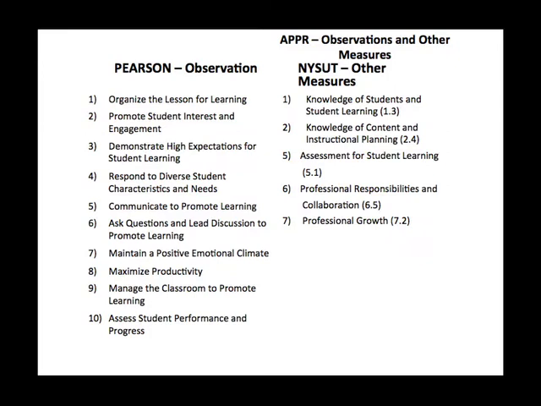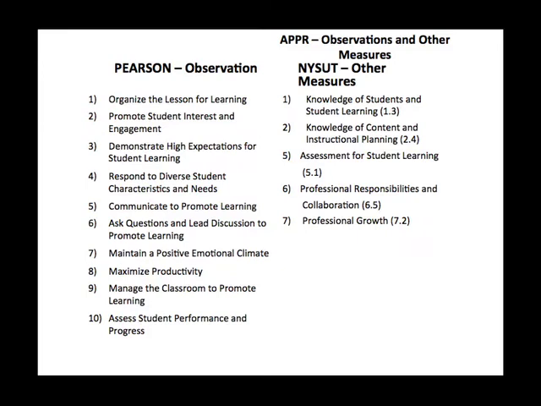Each of these standards contain a variety of elements. While teachers may elect to submit evidence or artifact against any of the elements, they are only required to submit evidence against one element in each of these 5 standards. For Standard 1, it's element 1.3. For Standard 2, it's element 2.4.